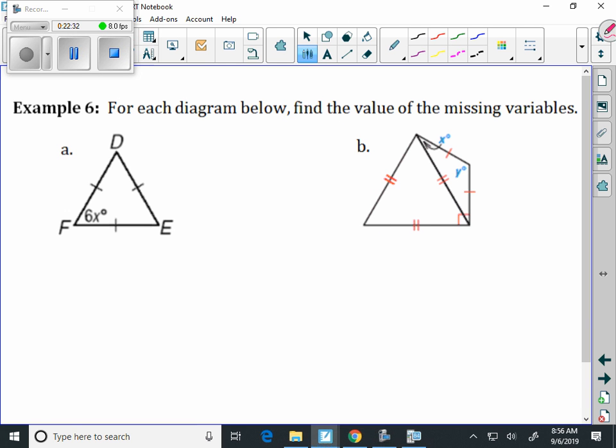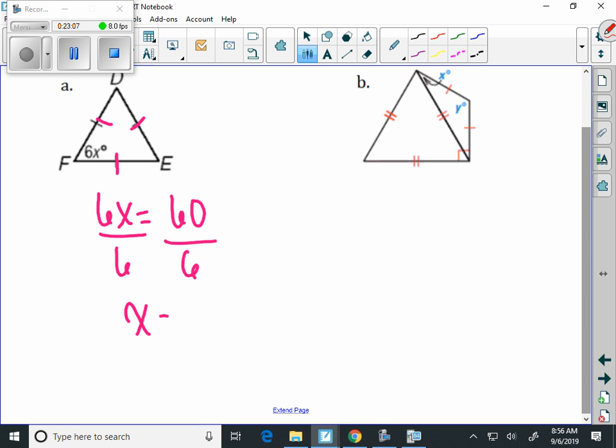And when we look at this one, on letter A, our triangle is an equilateral triangle. 1, 2, 3 marks. And once again, what we just mentioned is that if we have an equilateral triangle, each angle is 60 degrees. And if we want to solve for x, we can divide both sides by 6. And we end up with x equals 10.